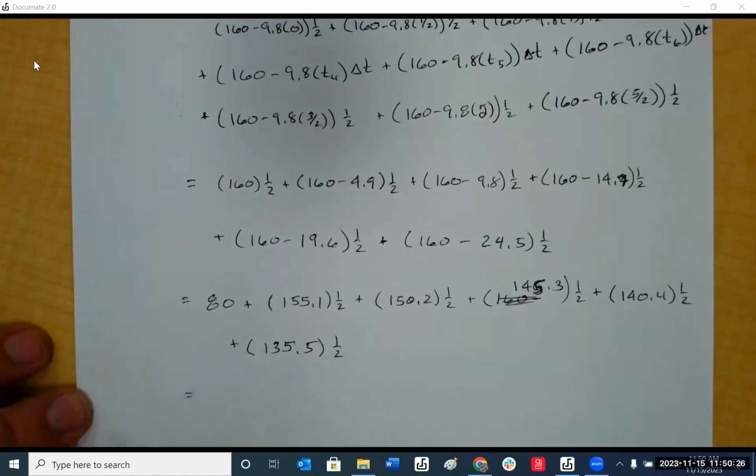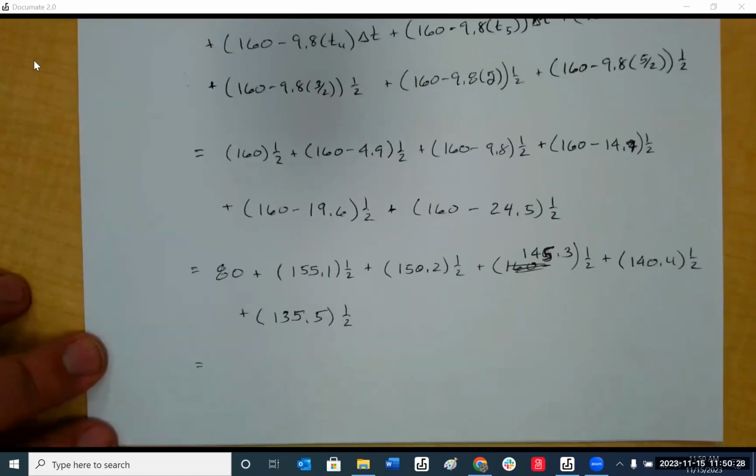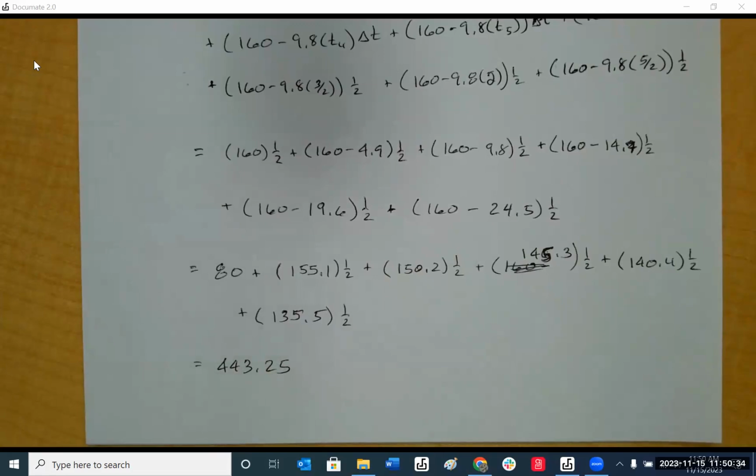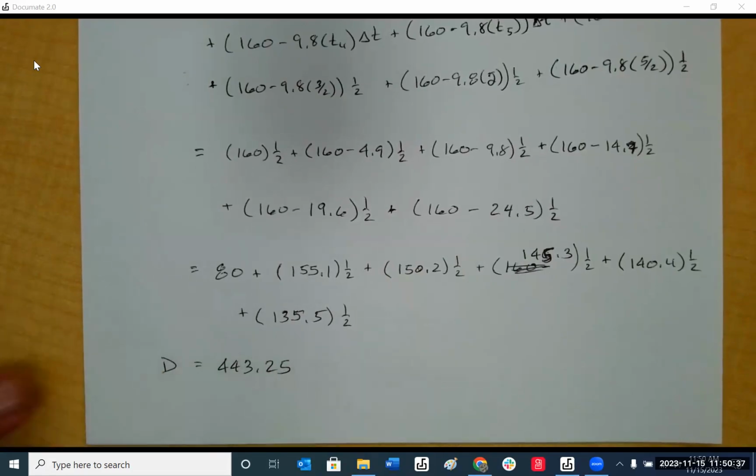So if we add up all these, what do you get? I got 443.25. That's with the left end.